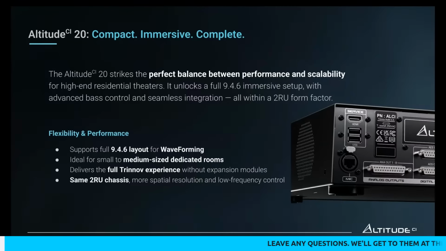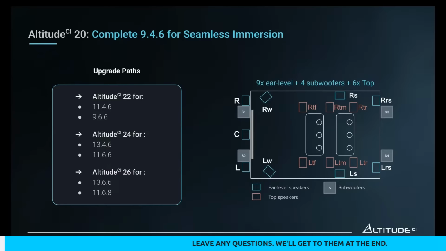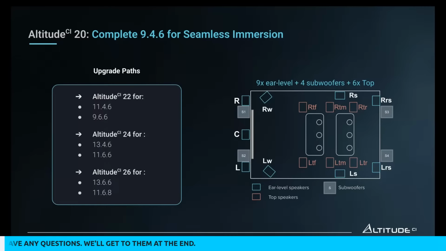Obviously, you'll need more amplifiers or powered speakers or something. And once again, there are additional upgrade paths. When you do 9.4.6 and you decide you have 2 rows of seating, you want to have the first LS and RS next to the main listening position, and then you've got a back row and you want to have LS2, RS2 next to that. So that would be your 9 speakers, because you're adding one extra pair of surrounds on top of a normal 7.1 layout.